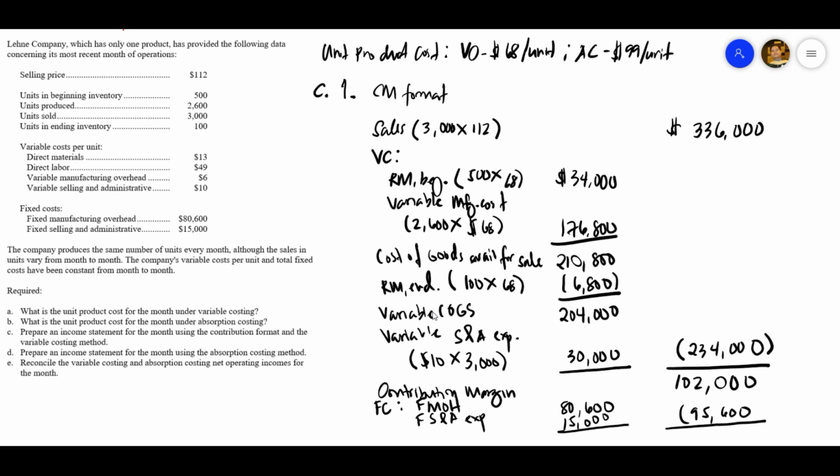Then we deduct the fixed cost from the contribution margin, and we have your operating income of 6,400. So our net income under variable costing is $6,400.